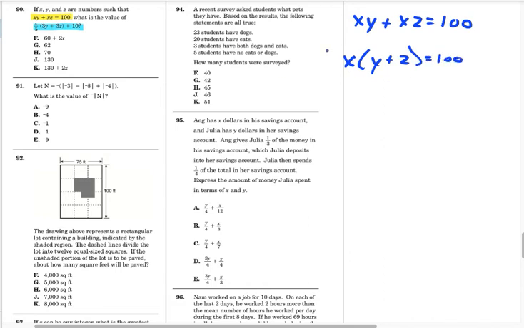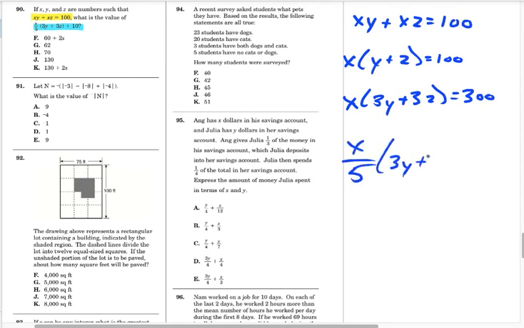Okay, so now let's multiply each side by 3 to get our 3's in here. So we have x times 3y plus 3z equals 300. Now we need to do what? Divide by 5. So we have x over 5 times 3y plus 3z equals 60.